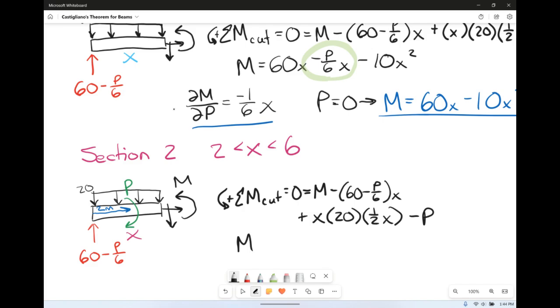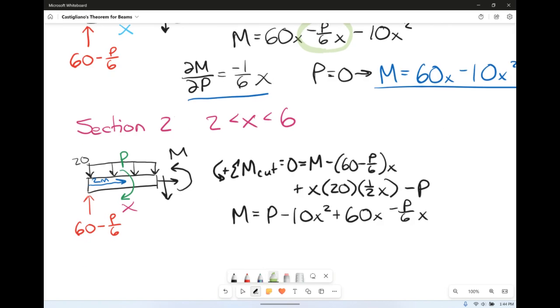So our M equation for this is going to be P minus 10x squared plus 60x minus P over 6 times x. So we've actually got 2 P terms this time.